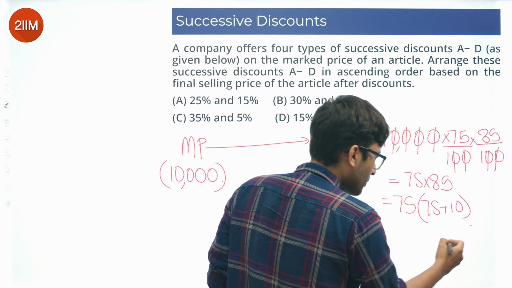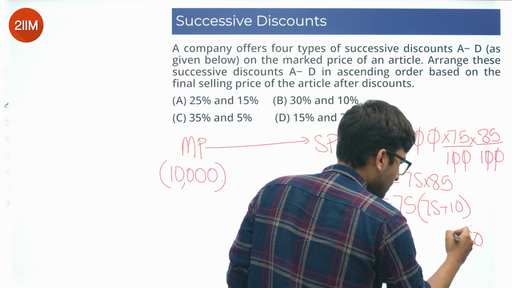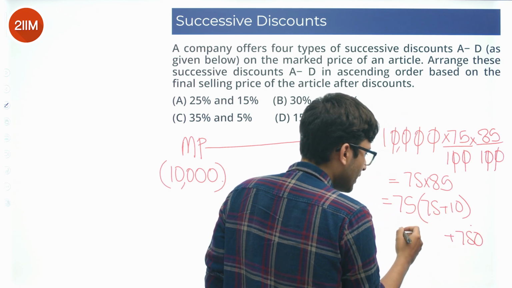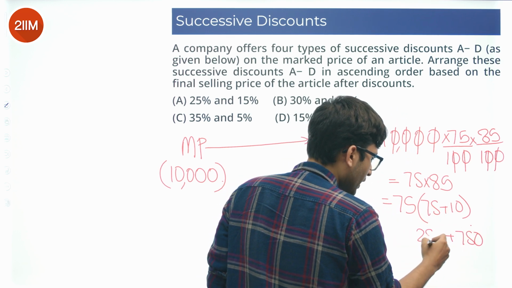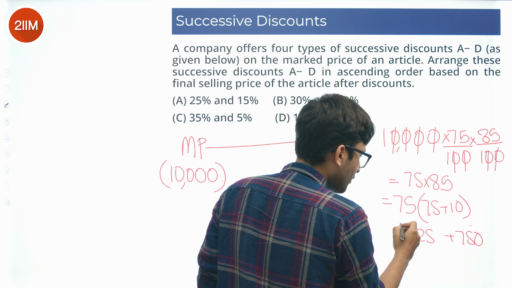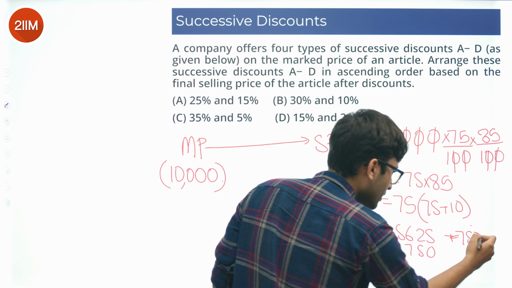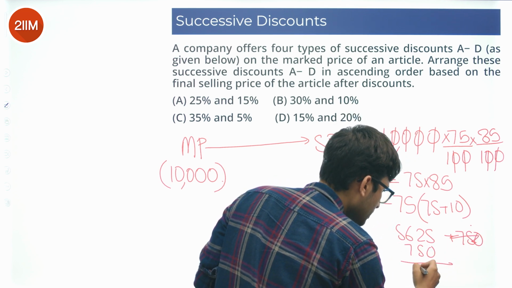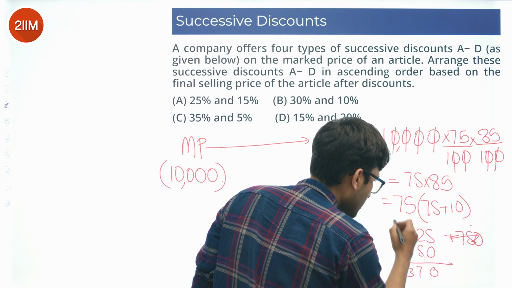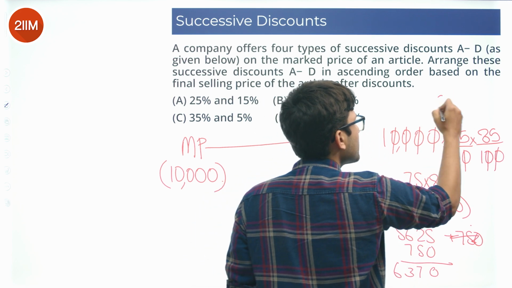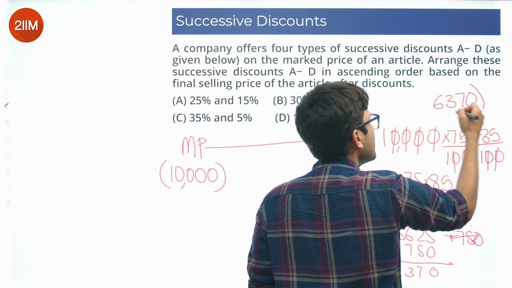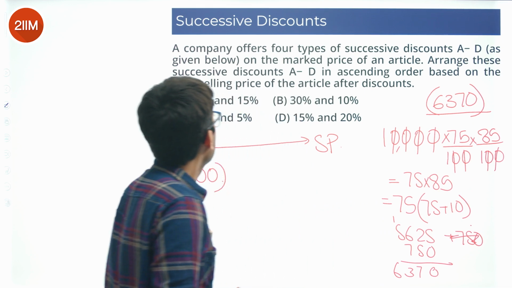So I would be getting 750 plus 75 squared. 75 squared is 5625, and then 750 I have to add. So this would be 6375. This is the value for the first one.